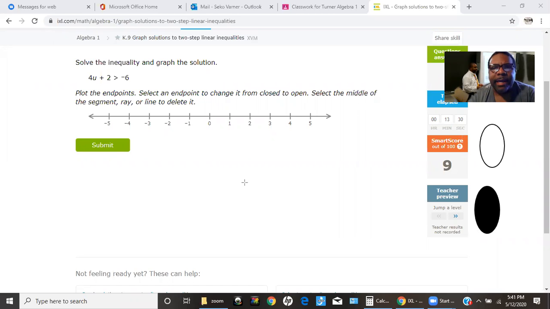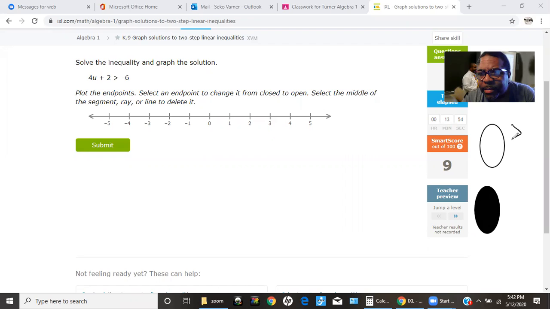okay? And so when we're graphing inequalities, once again, we're dealing with inequalities. When you're graphing inequalities, you want to make sure that you graph them correctly. And one of the ways that you graph them, particularly on a number line, is a less than sign.